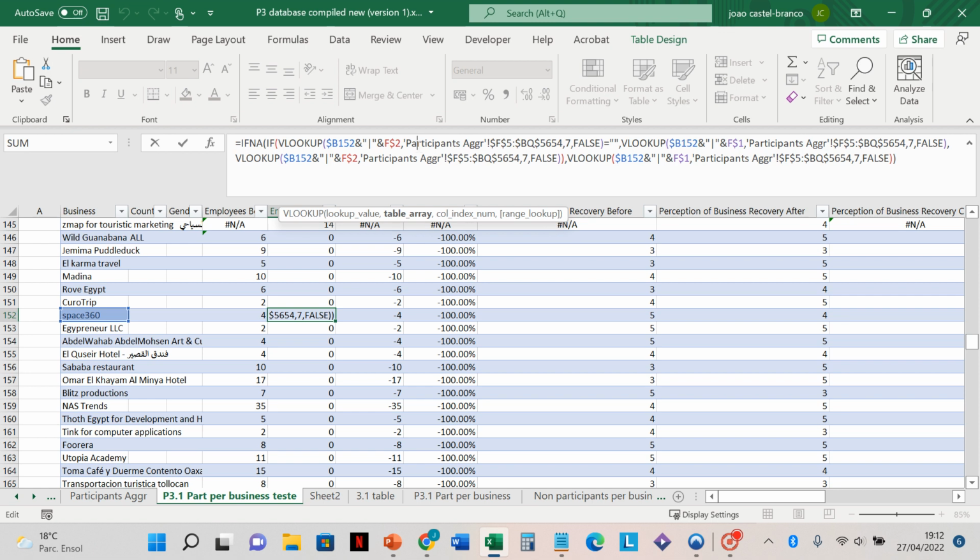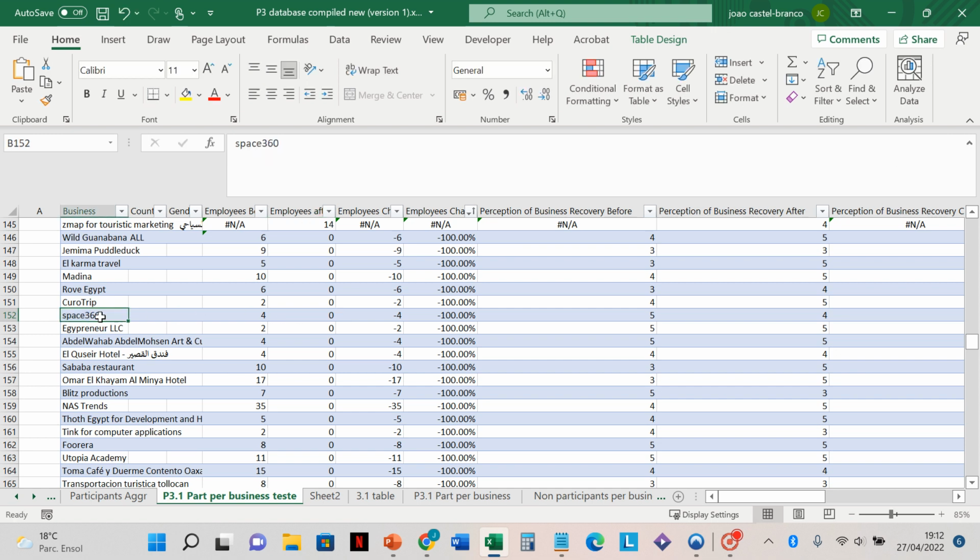I repeated it, and I did the formula twice from scratch, and I cannot get the correct number. But it's only for this case, where the month exists, the 6 month they filled up, but there's no value for employees.